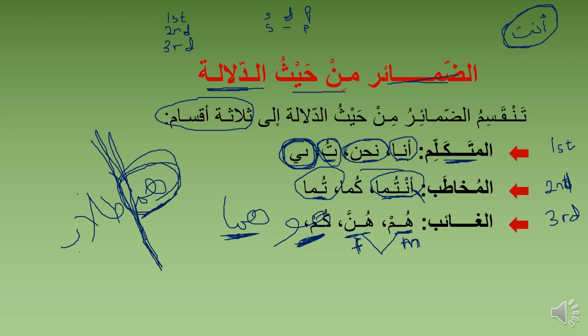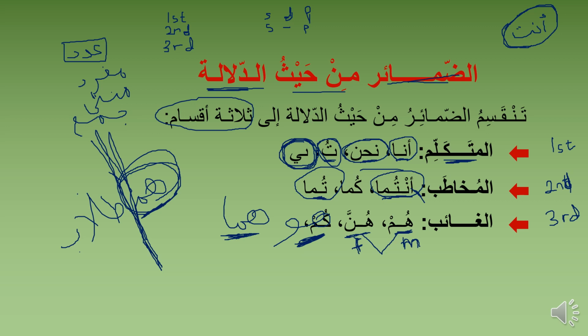In terms of number, because we are going to make use of it in our next class, inshallah, it is divided into mufrad, you can jot it down, then musanna, and we have jam'u.